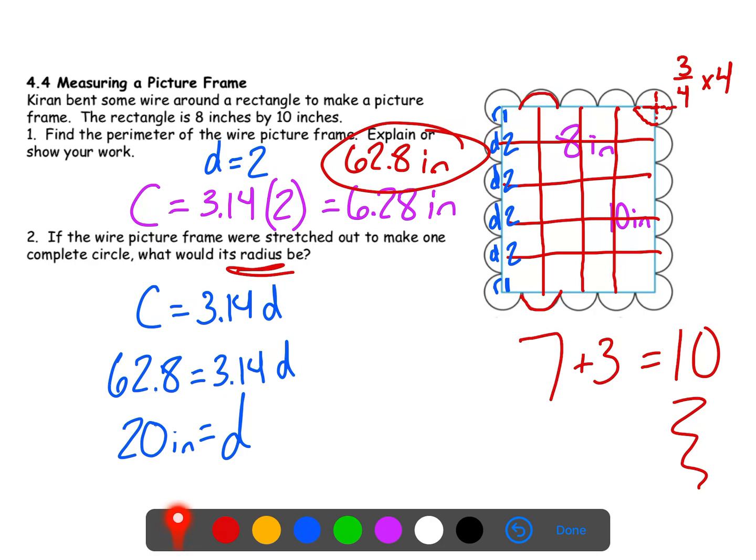So if this picture frame was stretched into one big circle, the diameter of it would be 20 inches. But remember, we were asked for radius. Since the radius is half of the diameter, I just need to divide this by 2. So my radius will equal 10 inches.